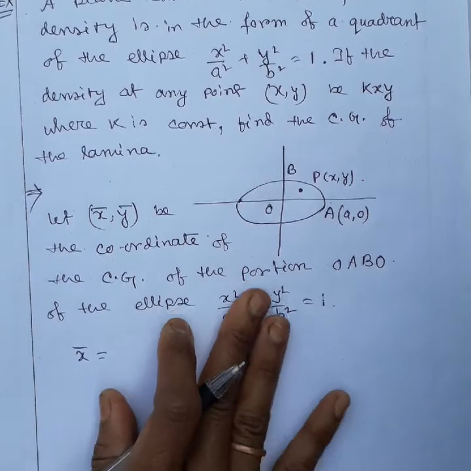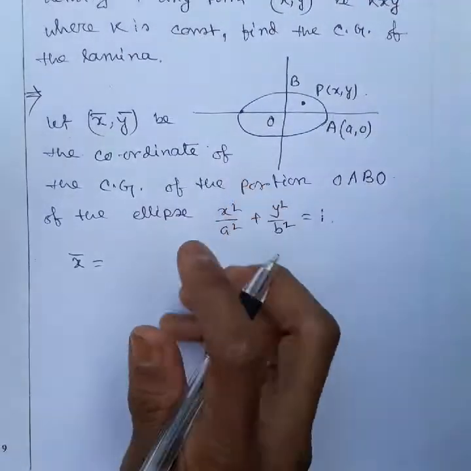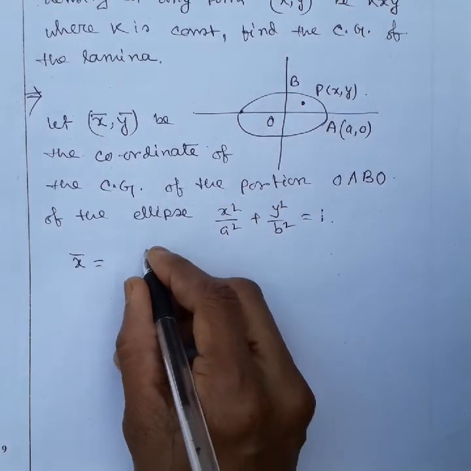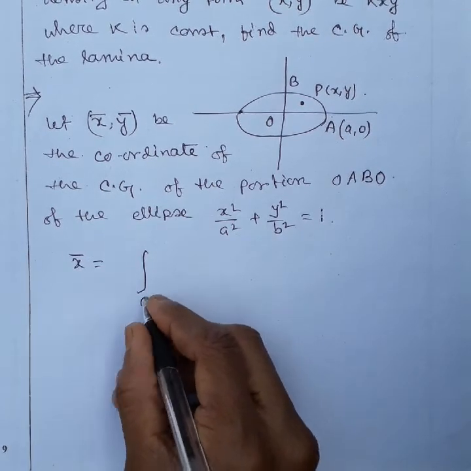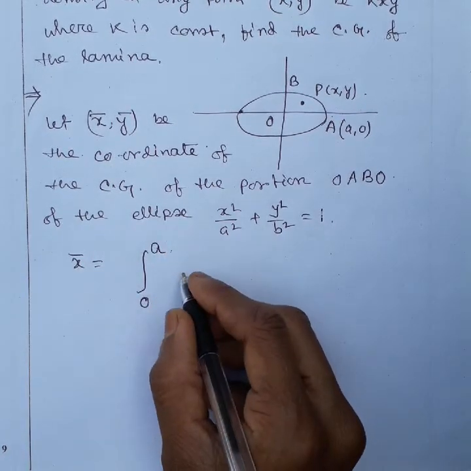Okay. So x bar is equal to integration of 0 to a.